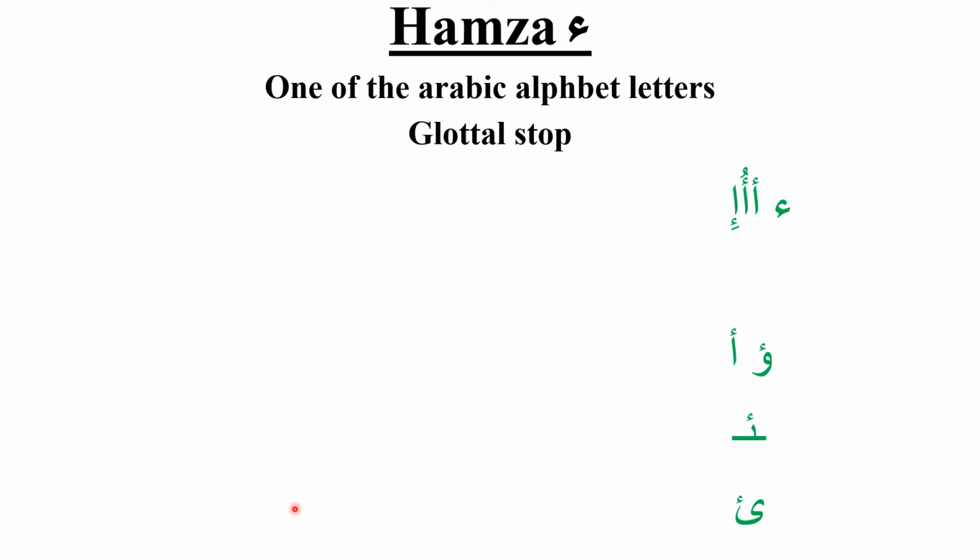So if we use a couple of examples here, it has a different sound, usually depending on where it's at. If we use an example of the first line here, initially, we can have a word like sha'a, right?